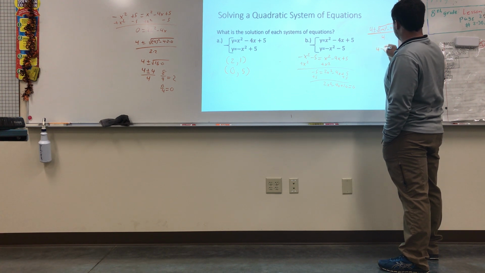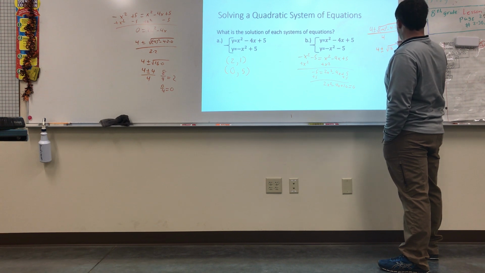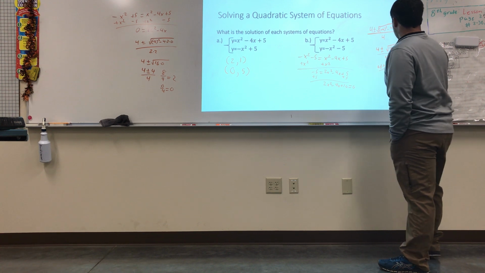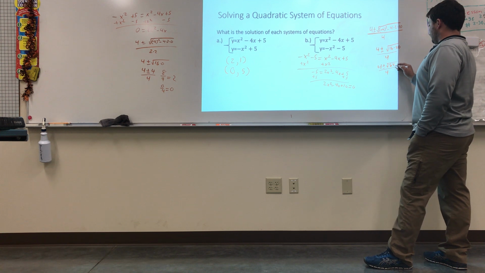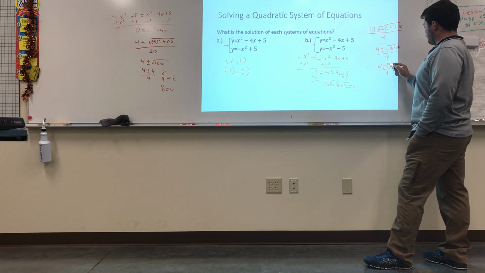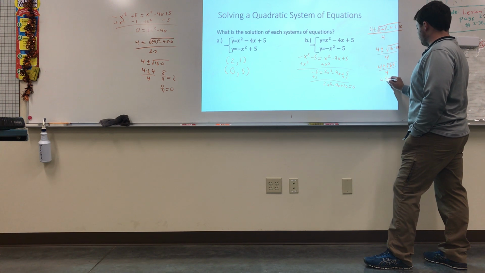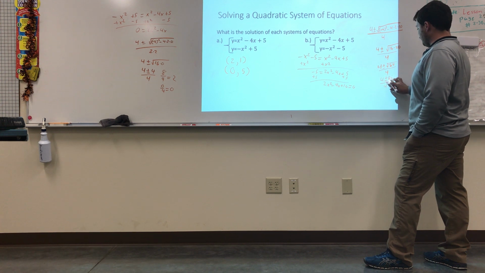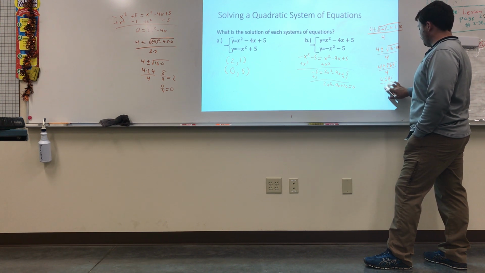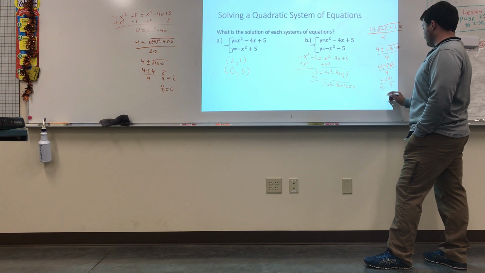Okay, so we get 4 plus or minus the square root of 16 minus 80 over 4, which then is going to give me 4 plus or minus the square root of negative 64 over 4. Okay, 64 is 8 times 8. The square root of the negative is i, so I'm going to get 4 plus or minus 8i over 4. Now I'm going to break this apart, and I'm going to divide this by 4 and divide this by 4, and I get 1 plus or minus 2i.